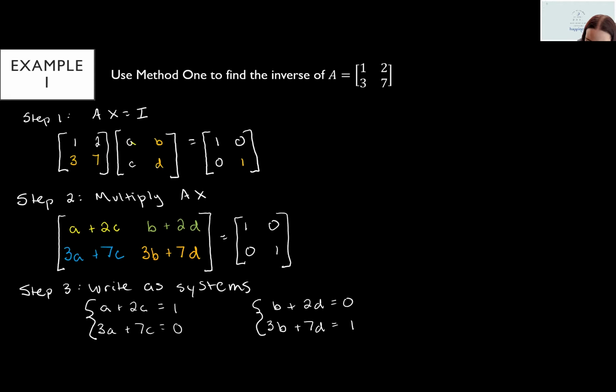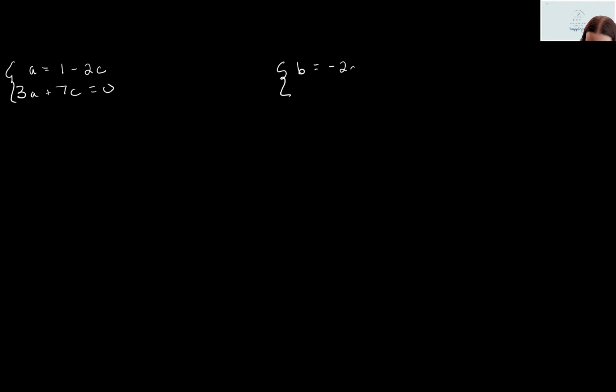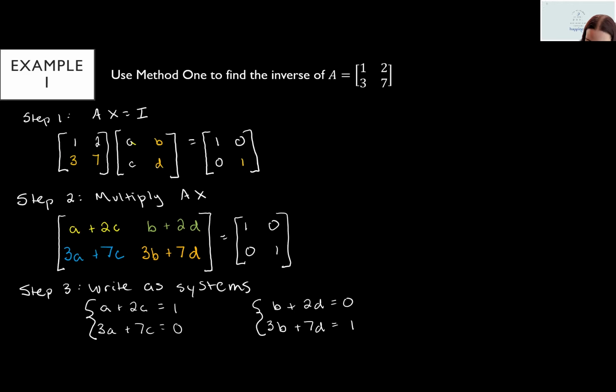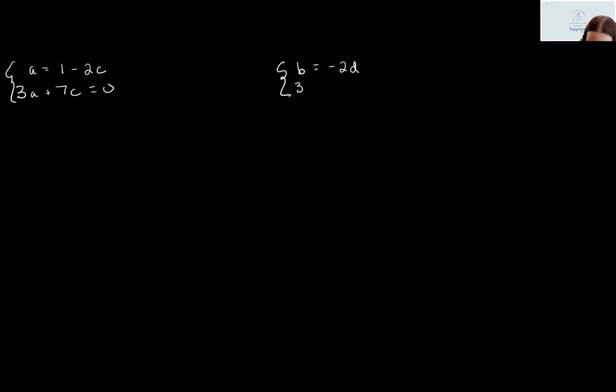And so that would be B equals negative 2D. And then the second equation in there is 3B plus 7D equals 1. So I'm going to do this with substitution. You can choose whatever method you want. If you're doing this on your own, you can type your answers in the chat and we can see, do we end up with the same answers?